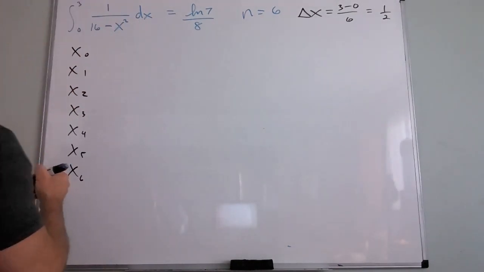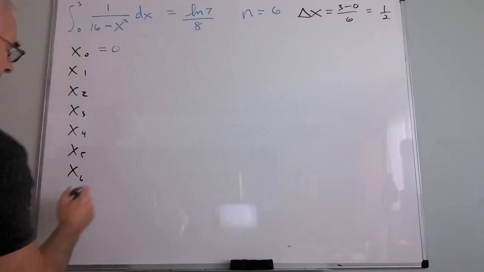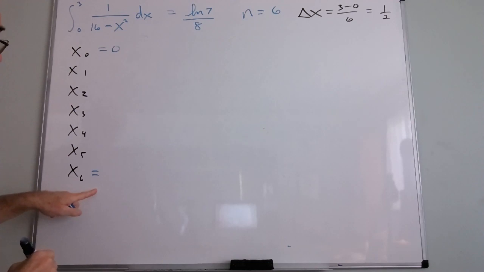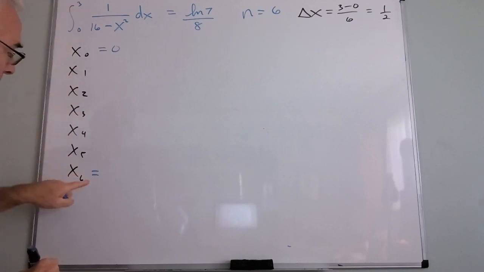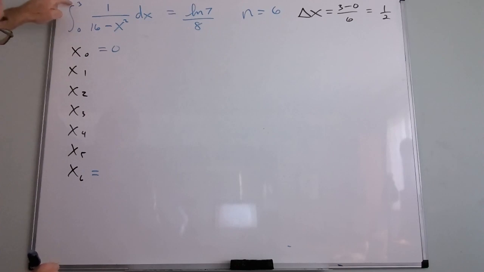Now, what's x0? 0. What's x6? What's that one? Anybody? X6 is evaluated at 3?